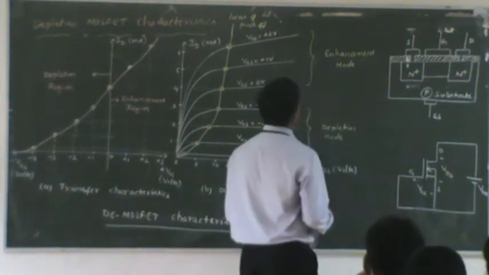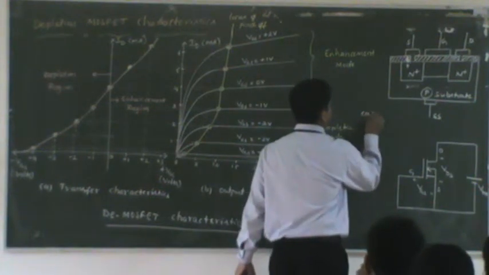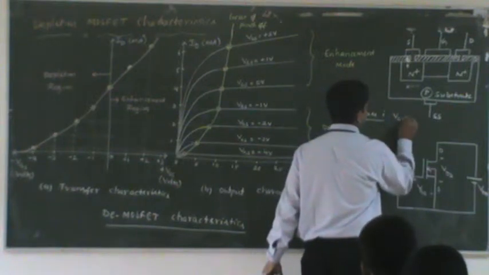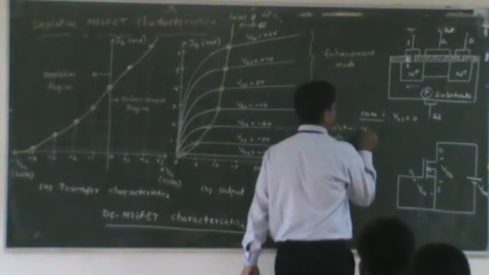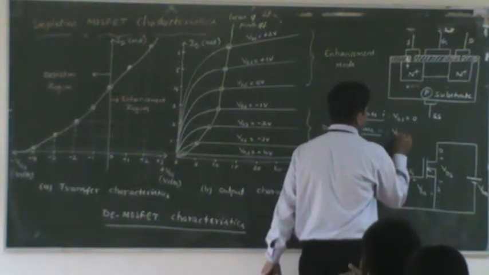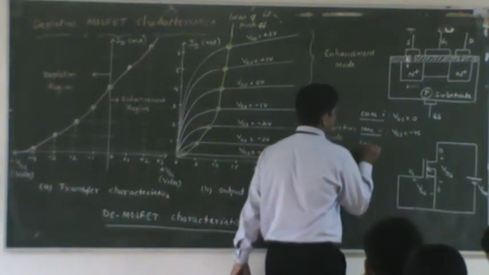I have classified this into three cases. Case 1 is VGS as 0. Case 2, to explain the operation, I am going to consider VGS as some negative voltage.